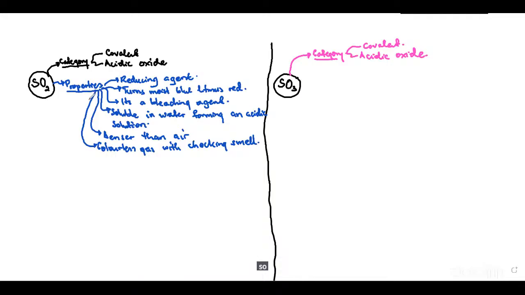So that gas was sulfur dioxide, which also has a choking smell.